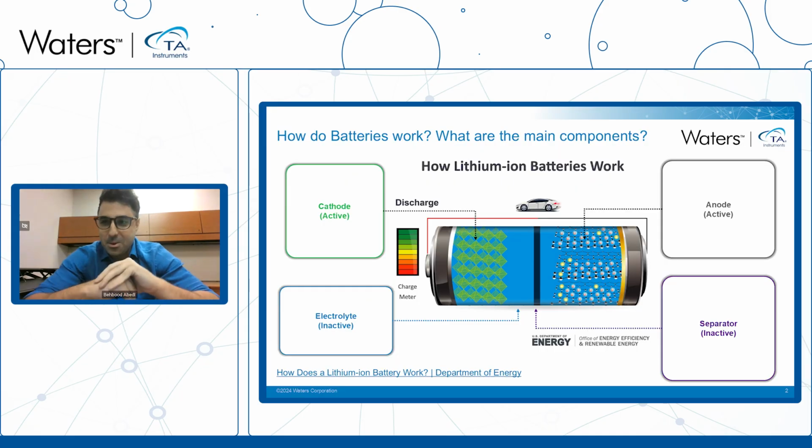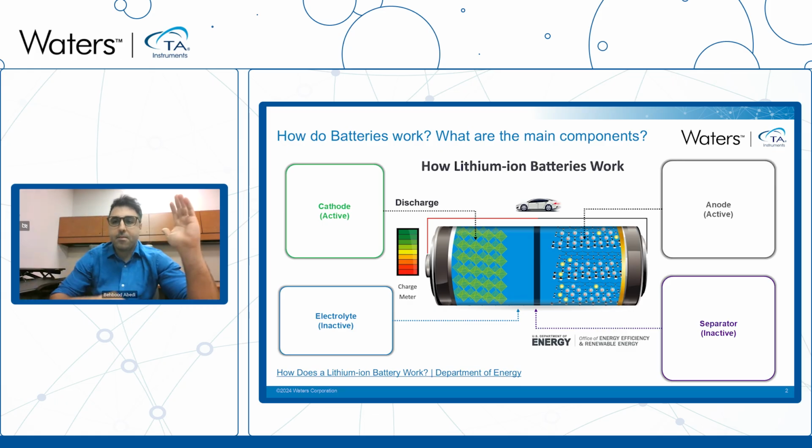I'm sure you know how lithium-ion batteries work. If I want to put it in the simplest way, we have a cathode, the positive electrode, and an anode, the negative electrode. The anode is normally made of graphite, and the cathode of a lithium-based compound.